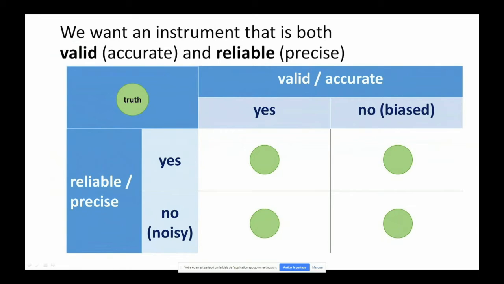Of course, what we want is that our instrument is both valid, meaning that it has to measure the truth, and we can also say accurate, and also reliable, that it is always giving the same results when it is applied in the same way, or precise.